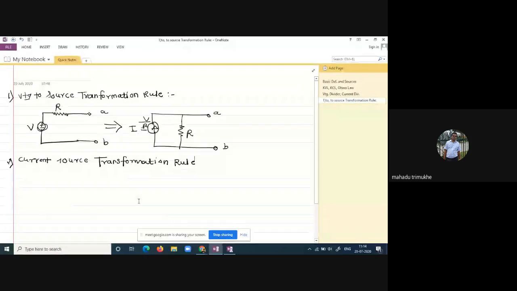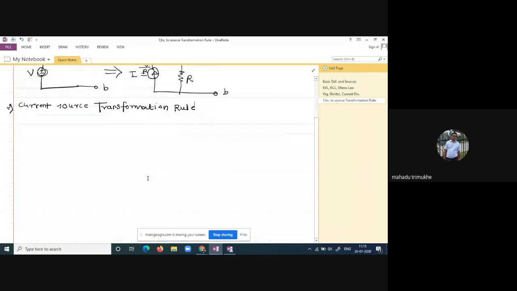A current source shunted by a resistance can be replaced by a voltage source with a magnitude equal to the product of current and resistance. And whatever resistor is shunted across the current source, that resistor we have to connect in series with the voltage source, right? This way you have to convert your current source into the voltage source.